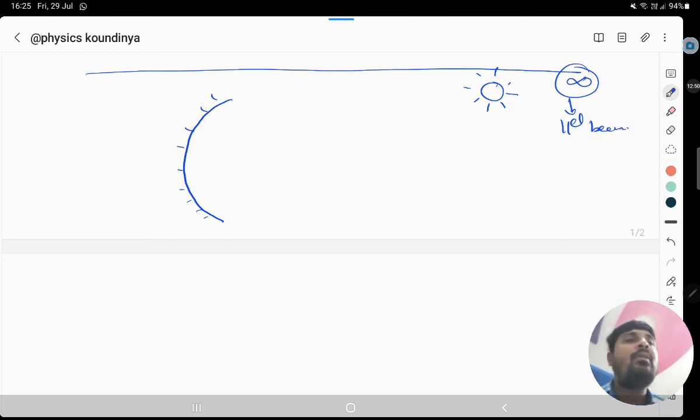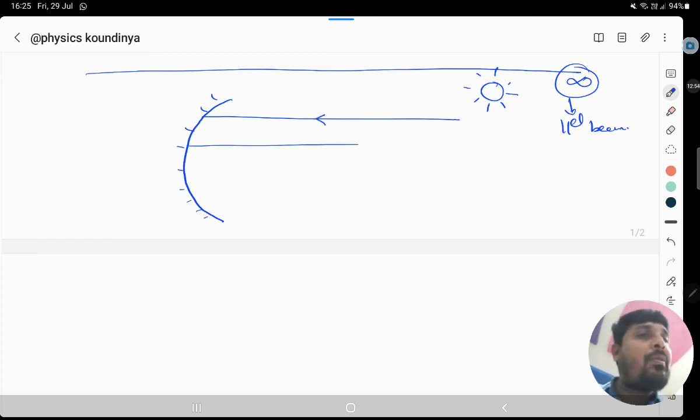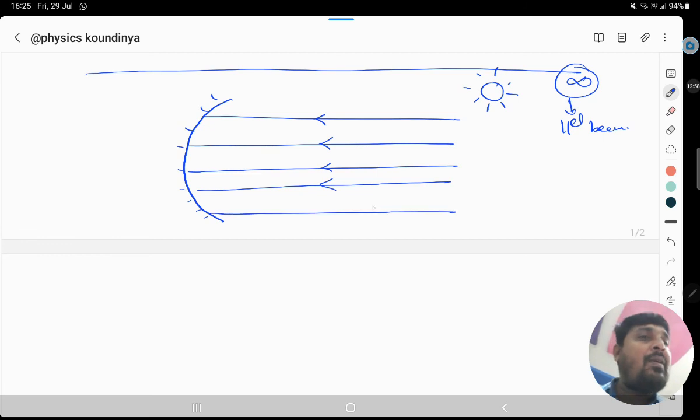Now if all these rays are parallel from the sun, then as we have discussed, all these should intersect at a point called F. Am I right or wrong? All these rays are intersecting at this point.